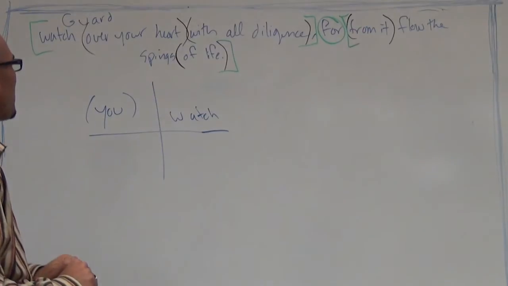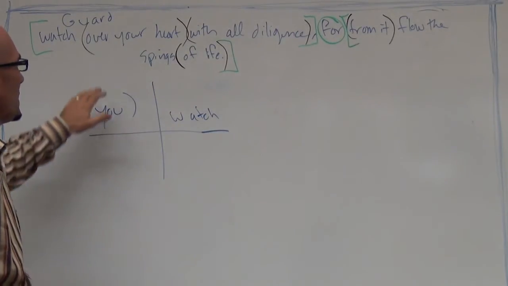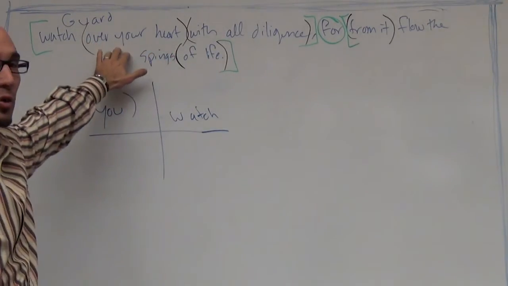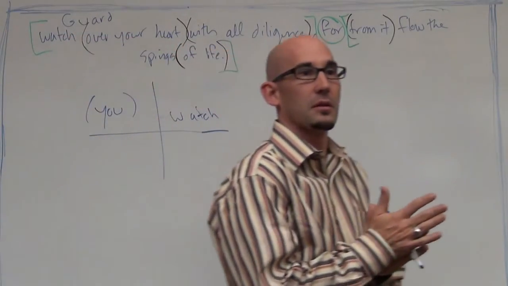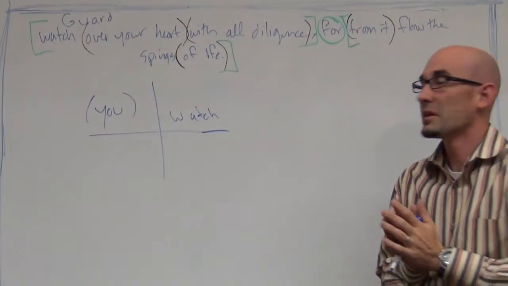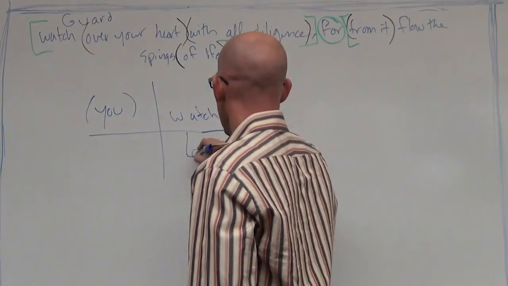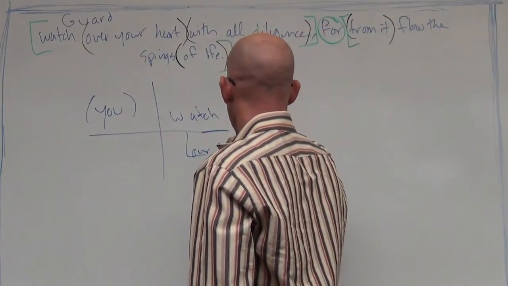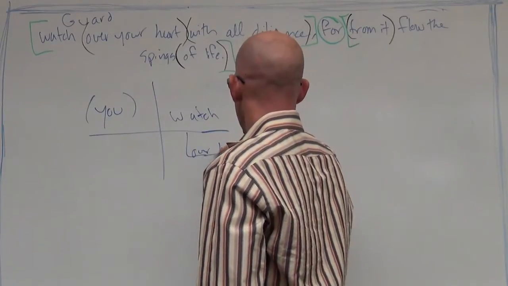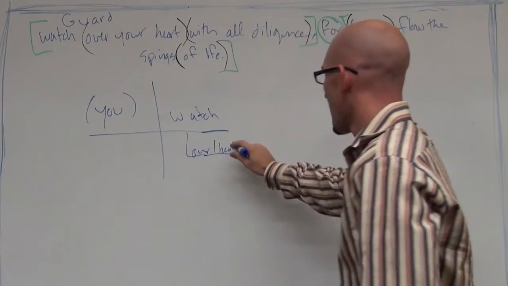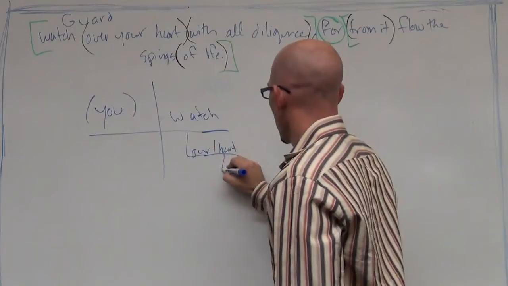Great question. Okay. What about, so over your heart, what kind of prepositional phrase is it? Okay, it's adverbial, modifying. Our only choice here is watch. Over, heart. Preposition, object line, object of the preposition. Which heart?